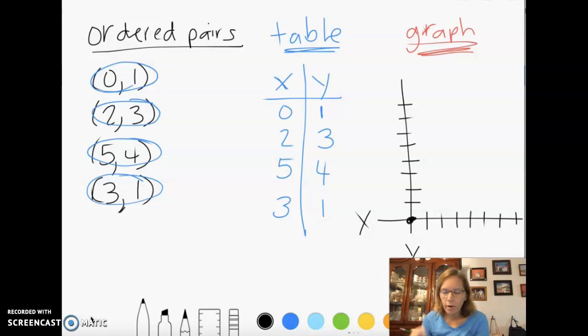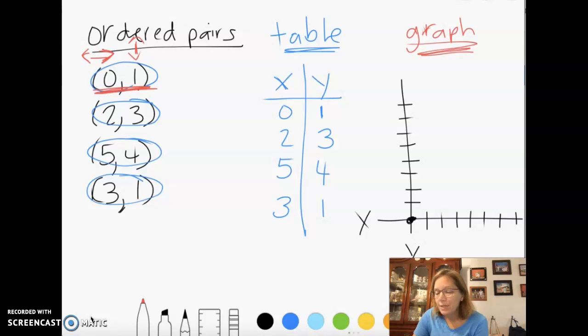That's why I recommend graph paper if you have it. Okay, so let's list these ordered pairs now in my graph. So I'm going to take the first one, 0, 1. Remember the x value tells me to move right or left, and the y value tells me to move up or down.